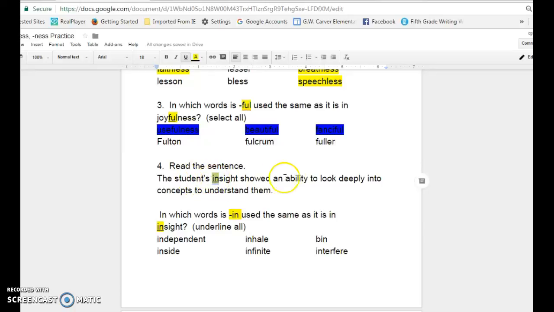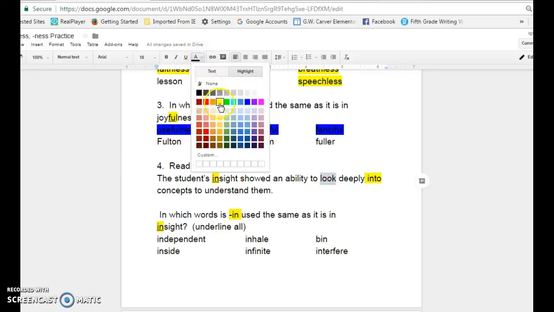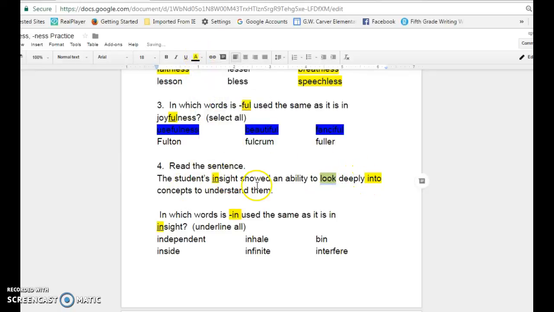So we have to look at our sentence to figure out what in means in insight. The student's insight showed an ability to look deeply into concepts to understand them. So it's telling me in the context, insight means you're looking, see the sight, looking deeply into concepts to understand them, okay? So it does not mean not, it means in.